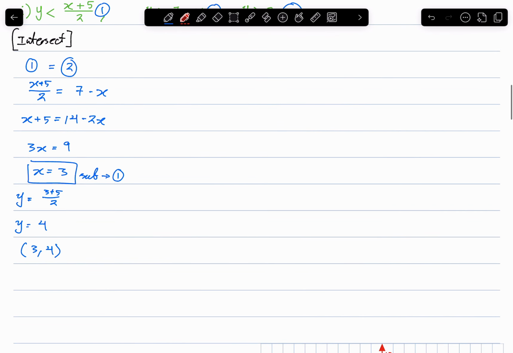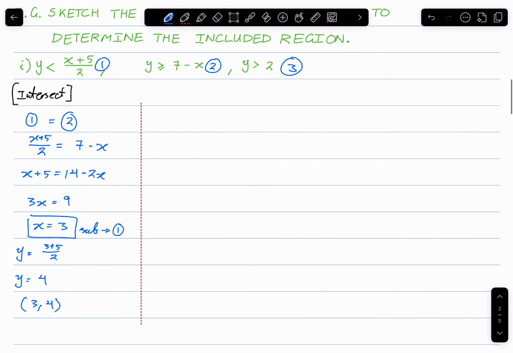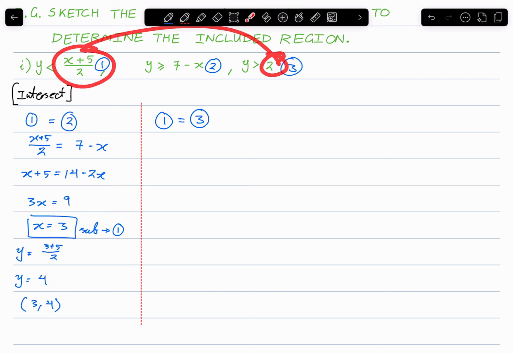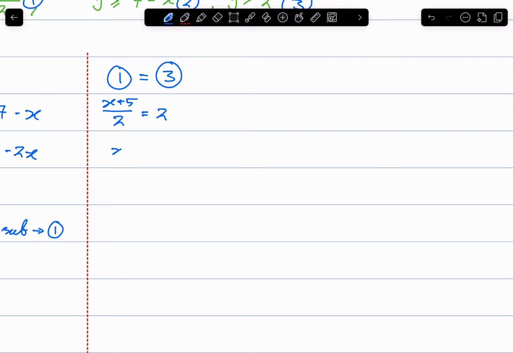Let's now do the same thing for 1 and 3. So 1, I'm going to let it equal 3 this time. So this is now going to equal 2. That's going to be (x plus 5) on 2 equals 2. We get x plus 5 equals, multiplying both sides by 2, 4. X equals negative 1.